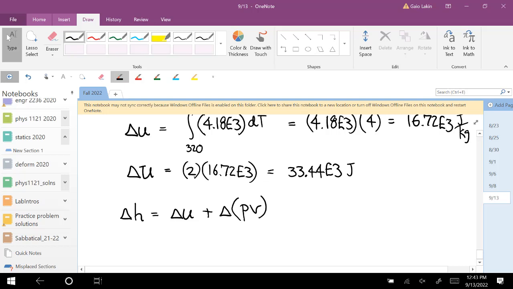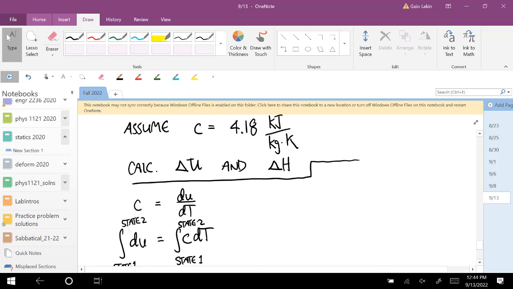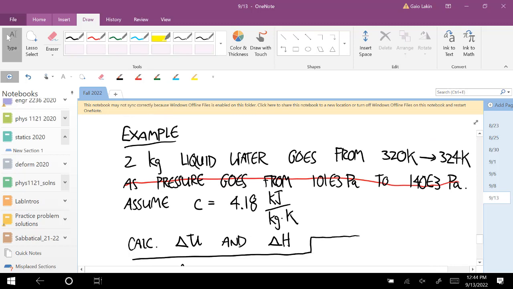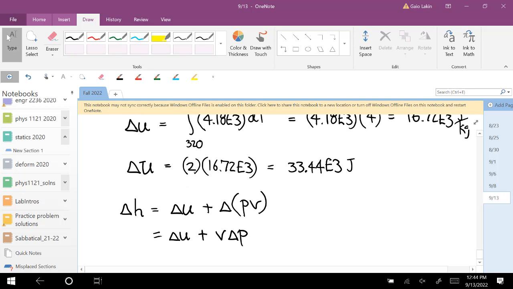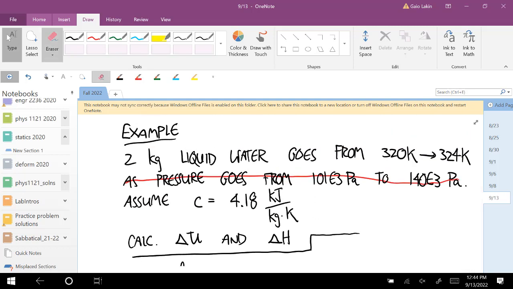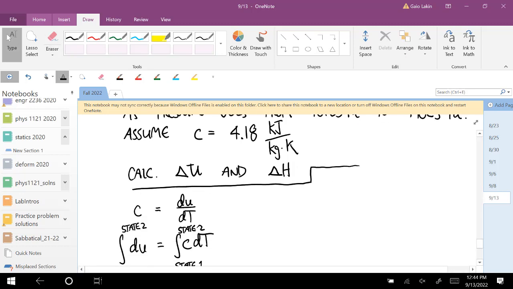We're assuming that the specific volume is constant, so this is the change in specific internal energy plus V times the change in pressure. Oh look, we do need this. I was too hasty. I'm going to erase this, and if you don't watch the video, you'll never know that I was wrong about that.